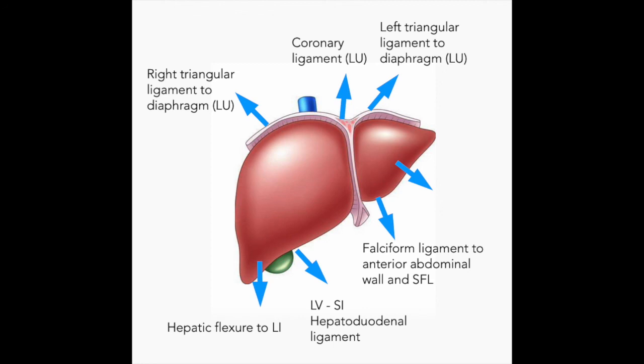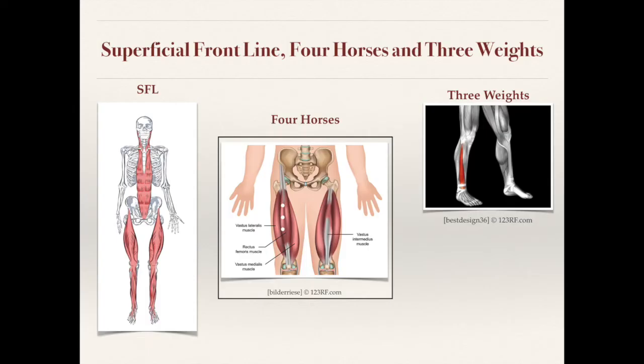Now, interestingly, there's some other ligaments called the falciform ligaments that connect the liver to the anterior abdominal wall, or what we can also call the superficial front line. So if you remember, the 4 horses as well as the 3 weights are also indicated for liver patterns and liver symptoms, but they're on that superficial front line or on the stomach meridian.